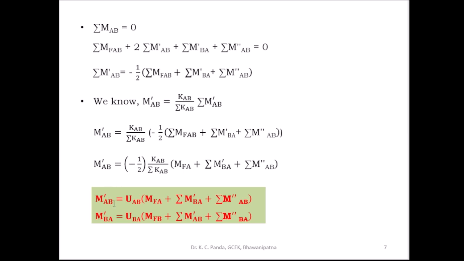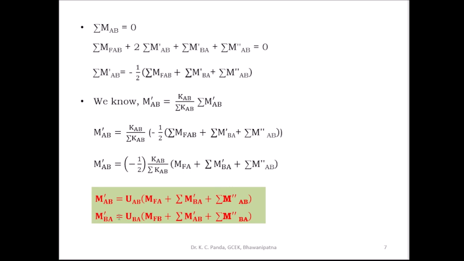So M dash AB is equal to minus half into KB by summation of KB. This is the rotation factor, which you can denote by UAB. Then the formula is M dash AB is equal to UAB into the fixed end moment at joint A plus summation of M dash BA plus summation of M double dash AB. This is the summation of the far end rotation moment, this is the fixed end moment of joint A, and this is the summation of the displacement or translation moments.